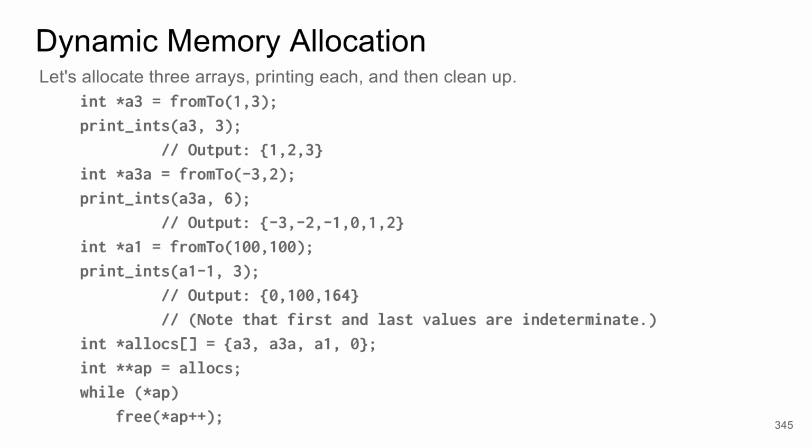And then we just have this while loop where we loop through it, and then we free each one of those pointers. Does everybody see that? Cool. All right, any questions about this slide? Awesome.